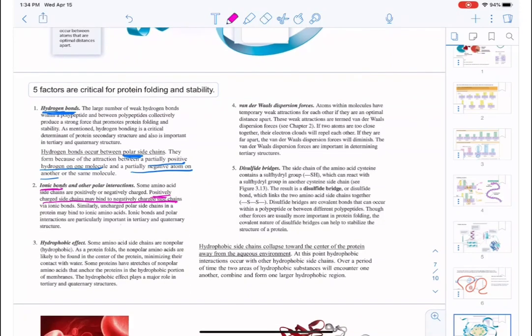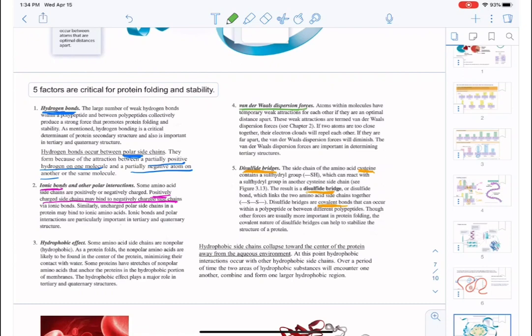Another type of bond or interaction we can have is called a disulfide bridge. And this occurs with the side chains of the amino acid cysteine. And what happens with cysteine is, and we'll take a closer look at this, the sulfur groups interact and they form what's called a disulfide bridge. And this disulfide bridge, these are covalent bonds here. You can also have what are called van der Waals interactions.